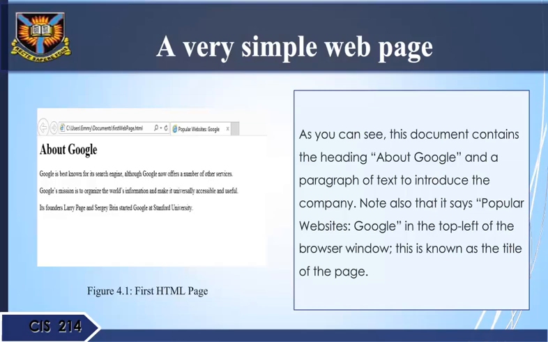About Google. Google is best known for its search engine, although Google now offers a number of other services. Google's mission is to organize the world's information and make it universally accessible and useful. Its founders, Larry Page and Sergey Brin, started Google at Stanford University.